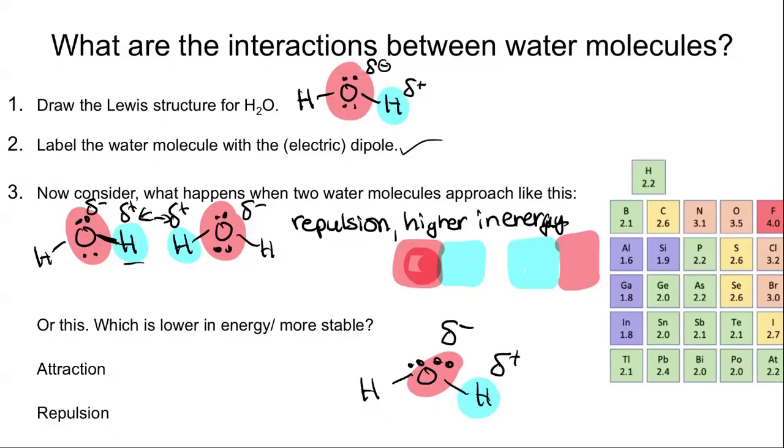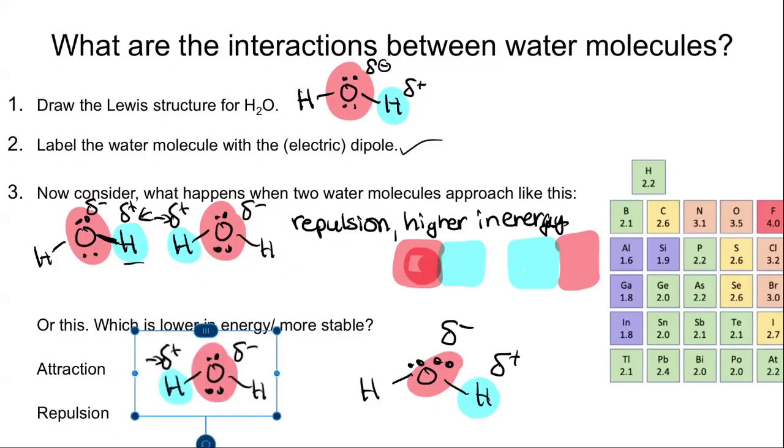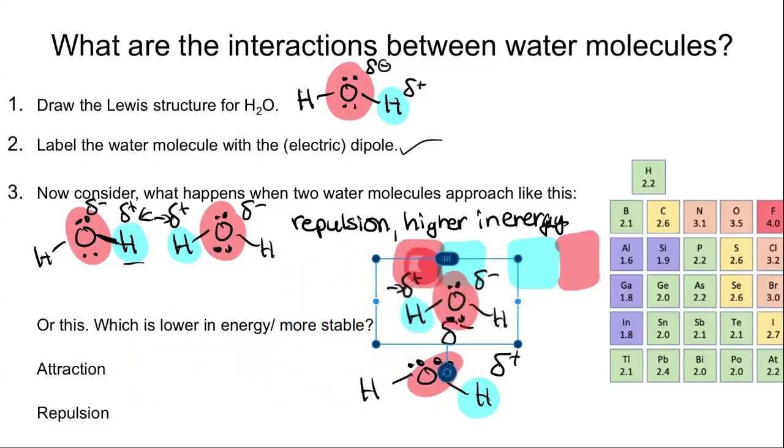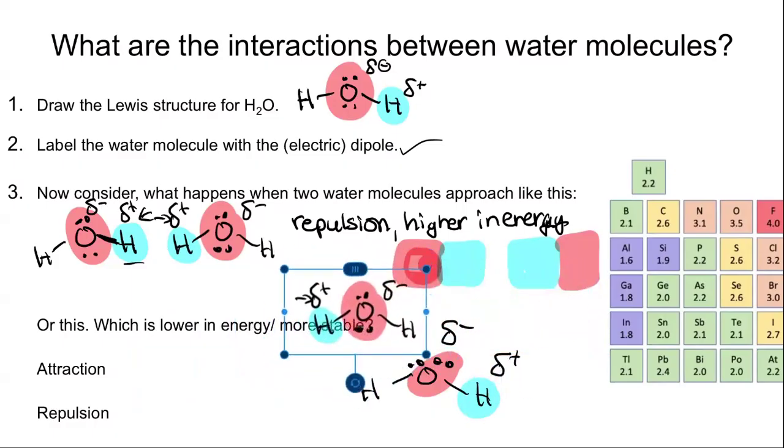And I'm going to bring in another molecule. I'll make this hydrogen blue because I didn't have space for it. So that hydrogen also has a partial plus because of that polar bond.